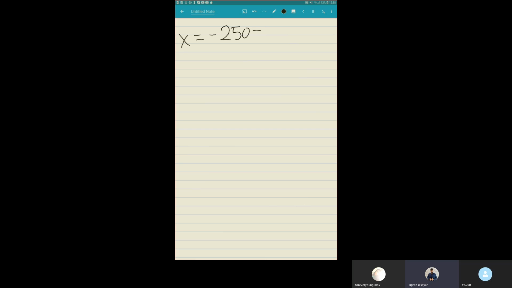Plus minus the root of B to the power 2. B squared is 6,250,000 for me. For you, it's two zeros less, I guess. Minus 4ac, so 4 times minus 10 is minus 40, and then times 350,000.